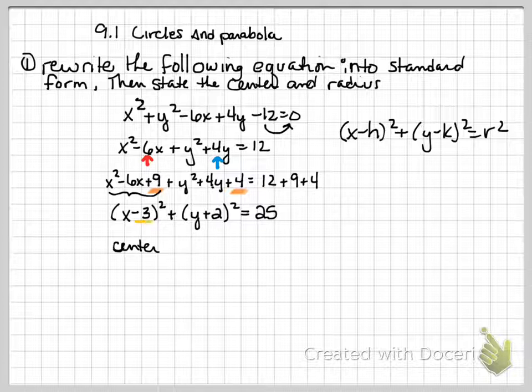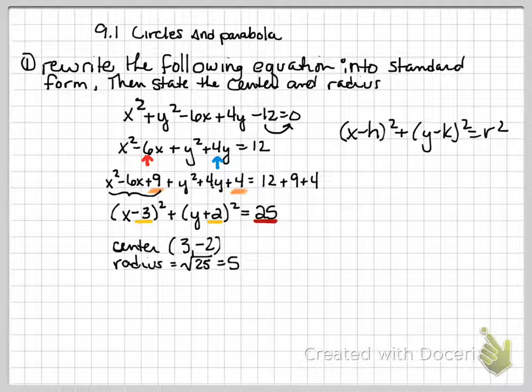Is at 3 and then negative 2. And our radius is equal to the square root of this 25, or just 5. Alright, so that's example 1.